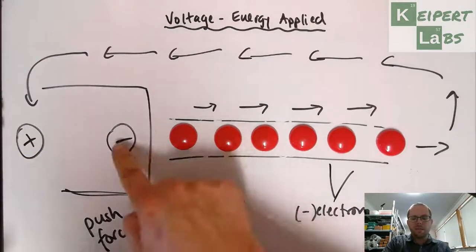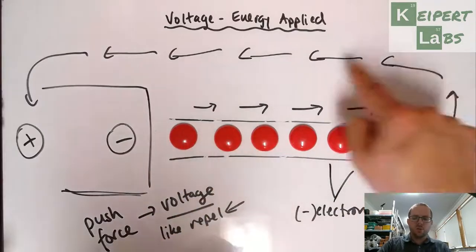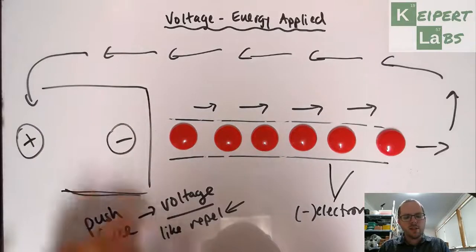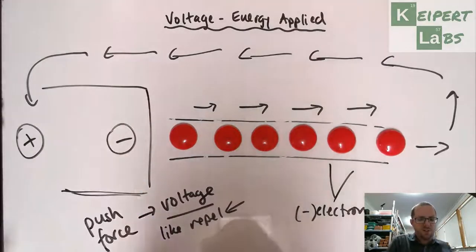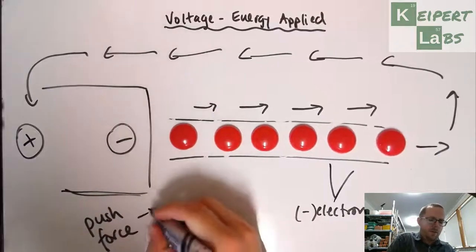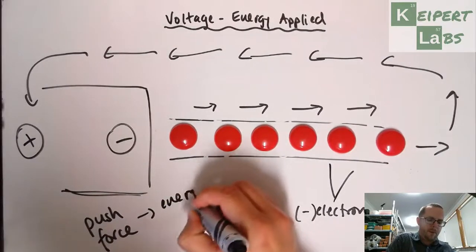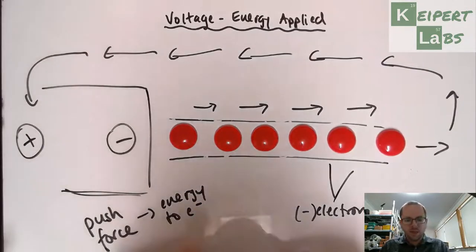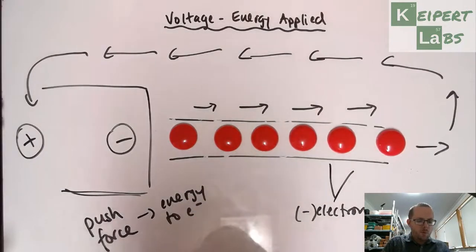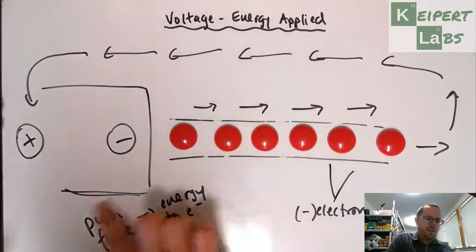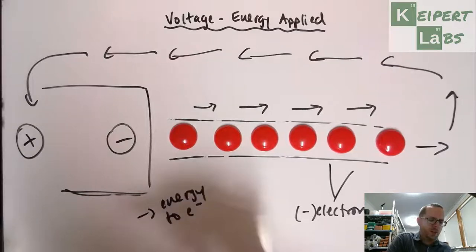We're pushing away from the negative and being attracted towards the positive on the other end. What that's saying is that the size of this push force gives the amount of energy to the electrons, E minus for short. More push force equals more energy, and we just said that the push force is also called voltage.